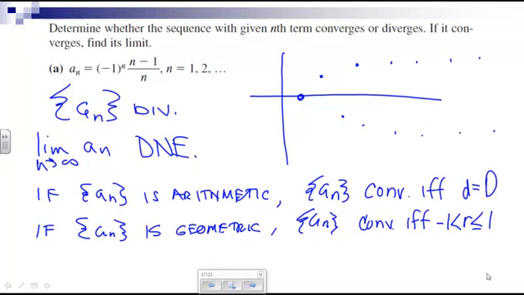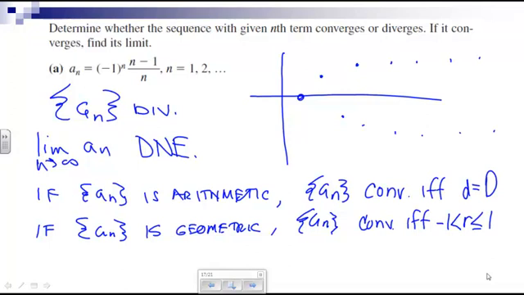Because if the common ratio is 1, then it's just the same number all the way through. But if it's negative 1, then it's essentially bopping back and forth, and like Marissa said, it never goes to a single value and it never converges. So those two things you can take to the bank.